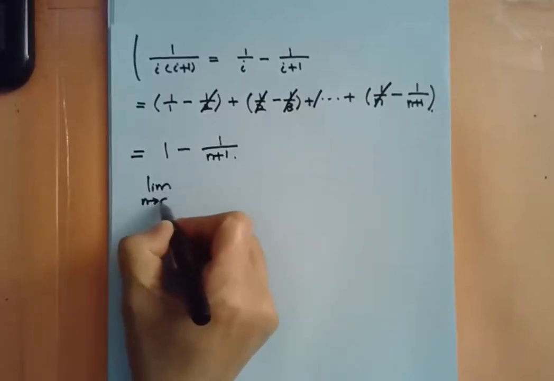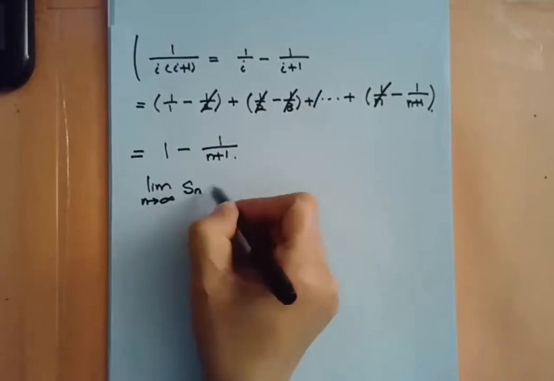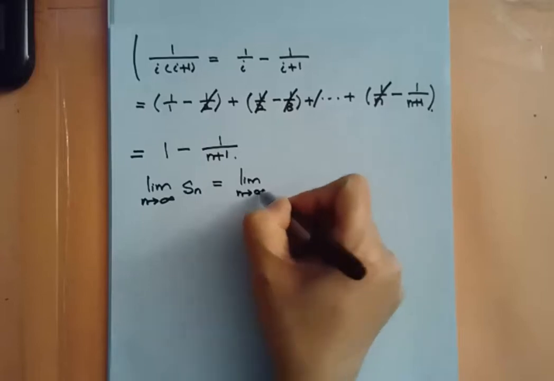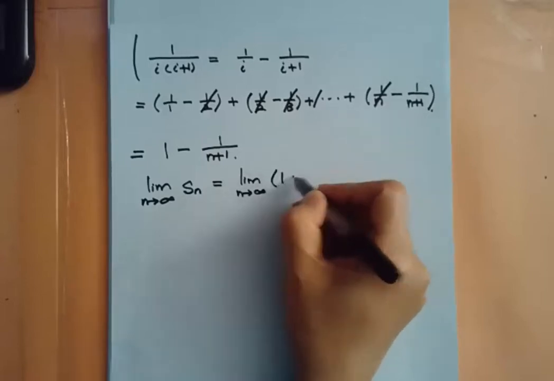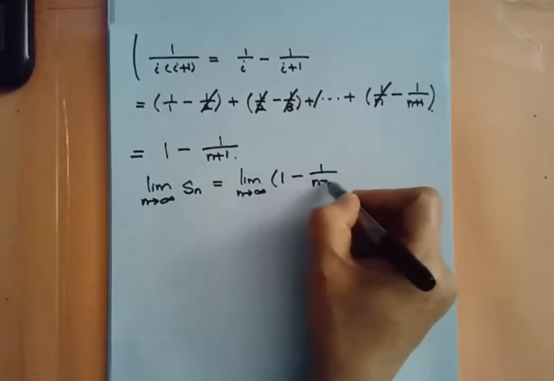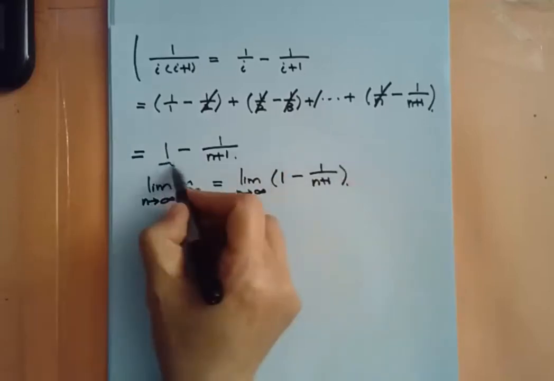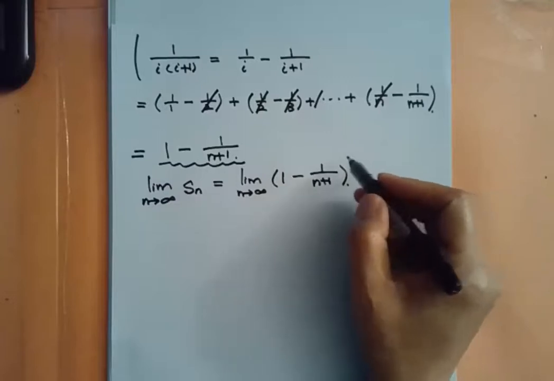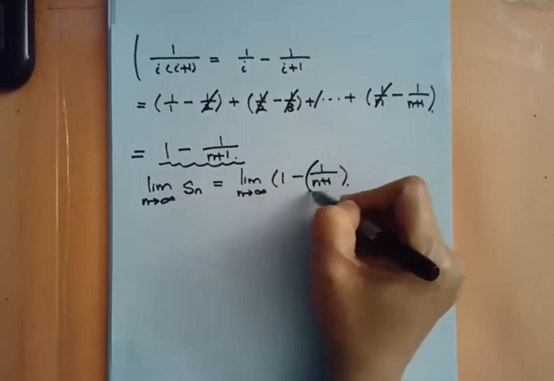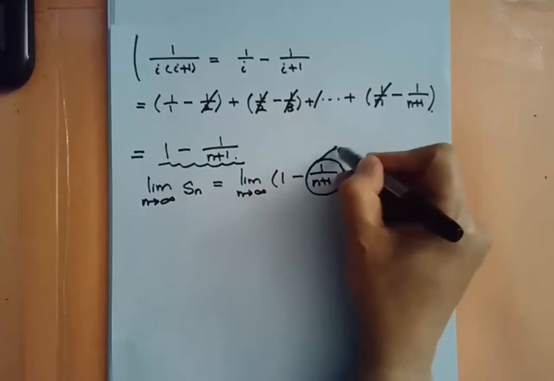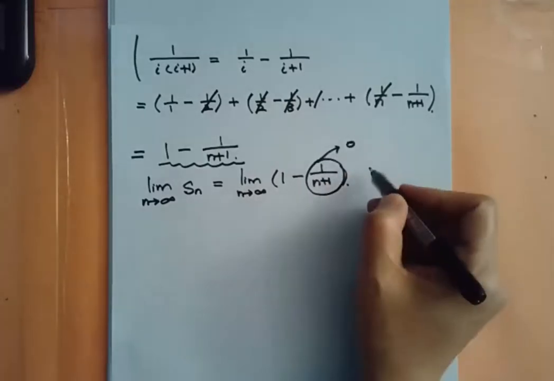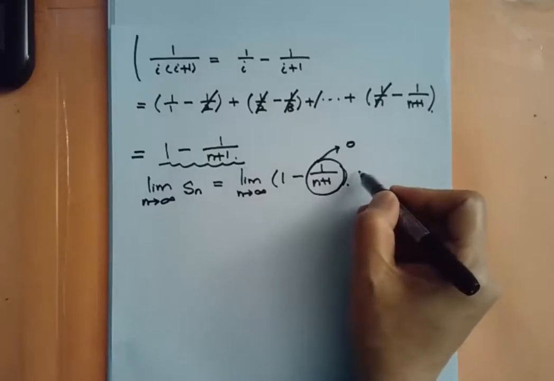Limit as n goes to infinity of Sn equals limit as n goes to infinity of 1 minus 1 over n plus 1. It's because this was the nth partial sum. If we take the limit of the second term, it converges to 0 because the denominator goes to infinity. So the limit is 1.